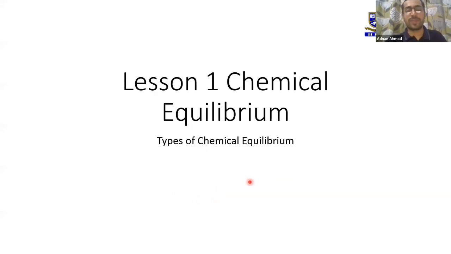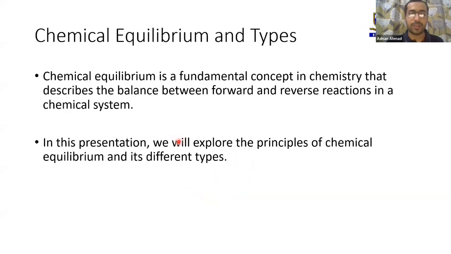So we are starting from lesson 1, which is chemical equilibrium. And here we will discuss what chemical equilibrium is and what the different types of chemical equilibrium are. So chemical equilibrium is a fundamental concept in chemistry that describes the balance between forward and reverse reactions in a chemical system.